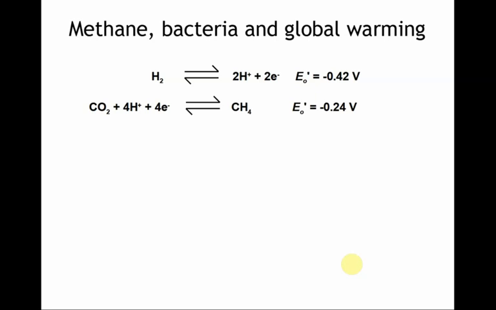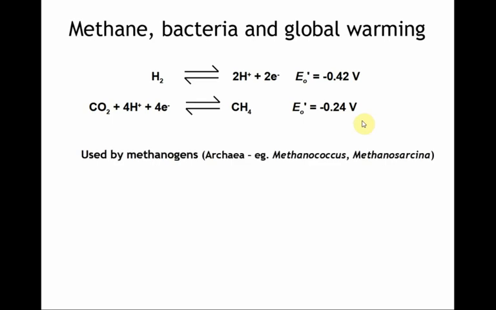The basic metabolic pathway used by methanogens is to use molecular hydrogen as the source of electrons and energy, and carbon dioxide is the electron acceptor. This produces methane, and this pathway is energetically favorable because molecular hydrogen is a better electron donor than methane. So the redox potential is favorable.